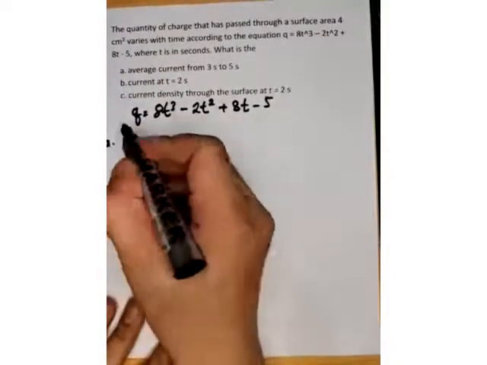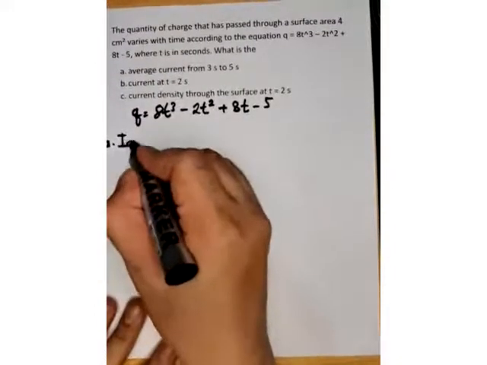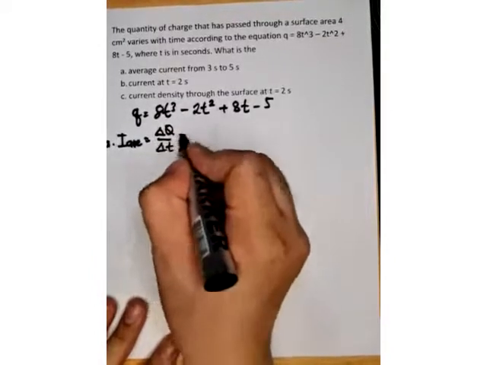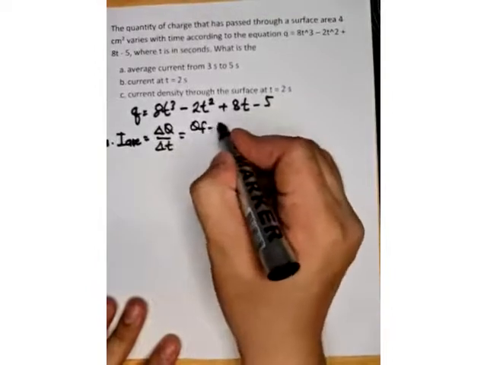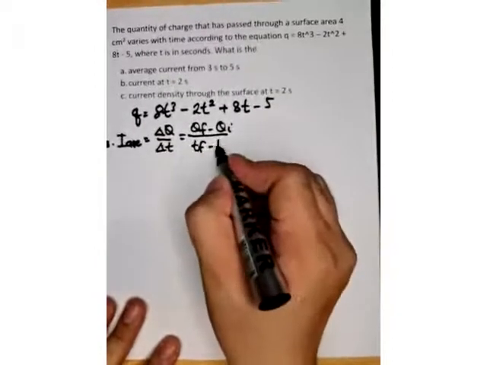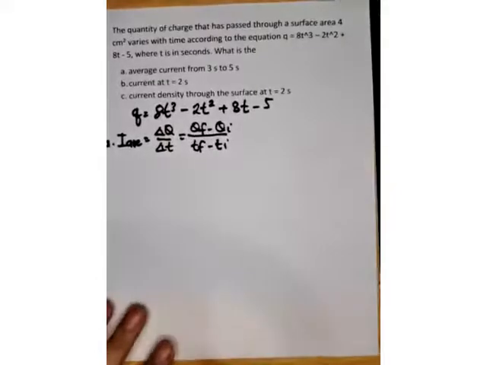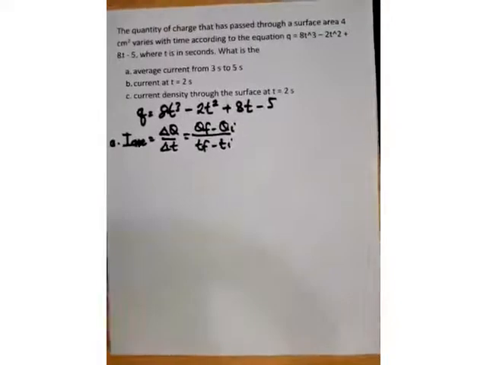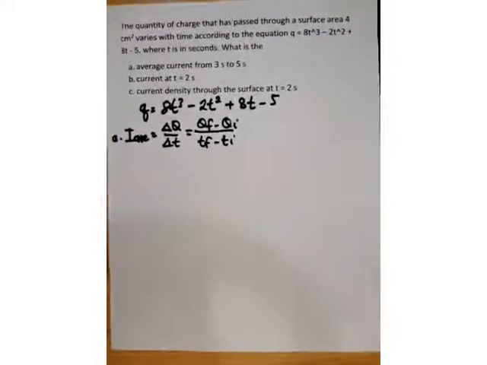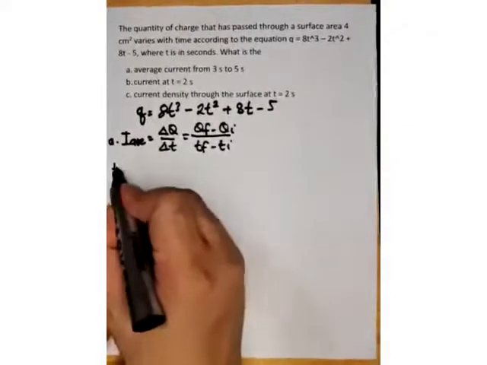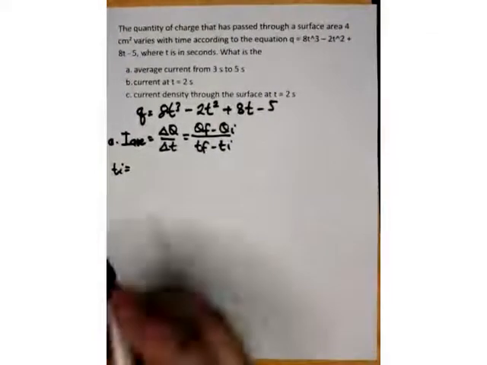Okay, so letter A. Ang average current natin ay equal siya sa delta Q over delta T. So that's equal to Q final minus Q initial over T final minus T initial. Okay, so kailangan natin ng T final at saka T initial, Q final at saka Q initial. Kaya lang we're given only yung time initial and time final.